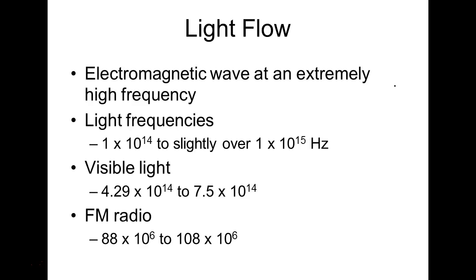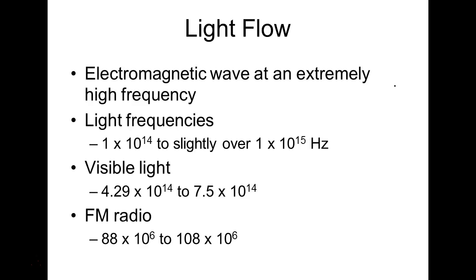Of that, we have what we call the visible light spectrum, which runs from about 4.3 times 10 to the 14th up to 7.5 times 10 to the 14th hertz.